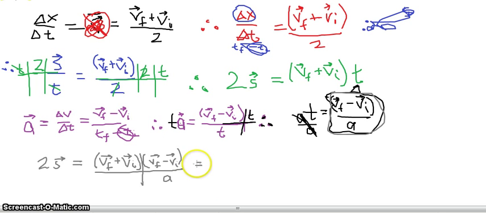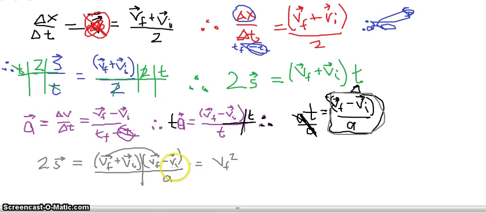Now, hopefully you remember FOIL. That's kind of why I'm doing this in gray. First, you got velocity final squared. Okay, and let's look at this. See how we have the same thing? We're going to get velocity final times velocity initial negative, and velocity final and velocity initial positive.